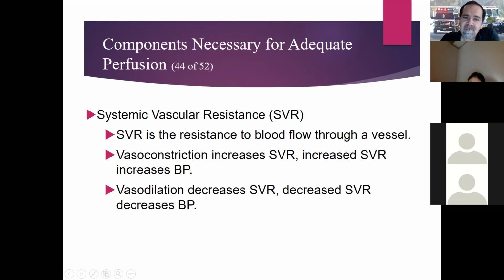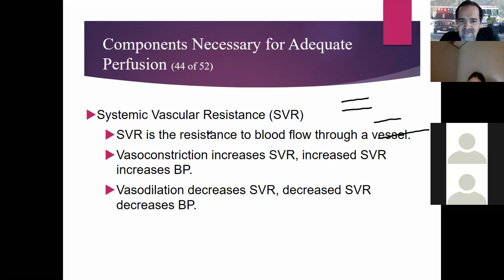Systemic vascular resistance, also known as SVR. The systemic vascular resistance is the resistance of blood flow through the vessels. So in other words, with the same drawing that I had, your blood vessel itself is this wide as opposed to this wide.